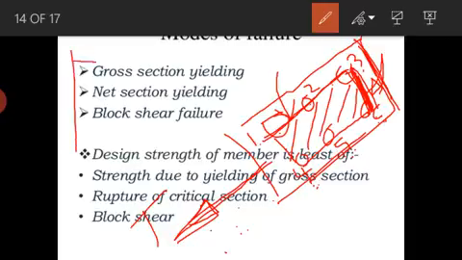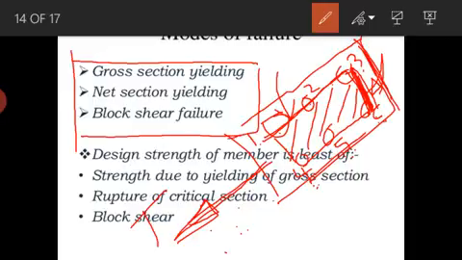If we overcome these three modes of failure, then we may say the tension member is safe in carrying the loads. So while designing a tension member, we need to check these three modes of failure, that is the cross section yielding, the net section rupture and the block shear failure.